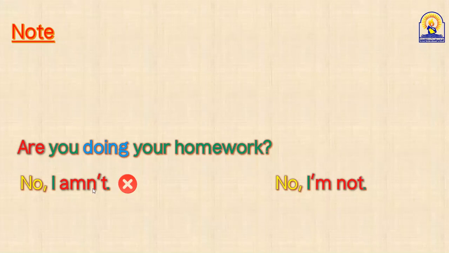If I want to make it negative, there is no amn't in English. As Abdullah said, he has never heard it before. If you want to make it abbreviated or short form, don't say amn't. Make am abbreviated with I, short form with I to be I'm, and put not like this. So the correct answer for "Are you...", if you want to use no, say no, I'm not. No, I'm not. And here is the note.